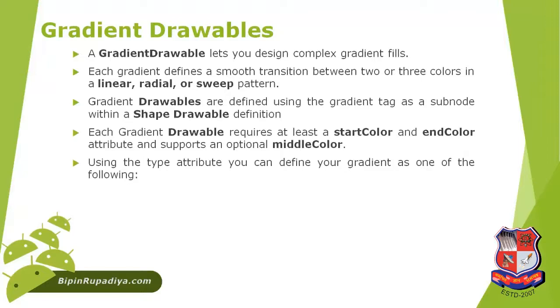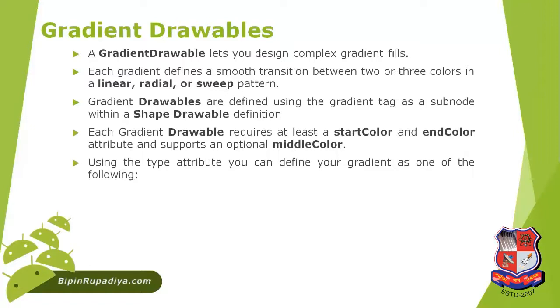Then radial gradient, from the center to the radius, the color is sprayed, it may be 2 or more colors. And sweep gradient fills the colors in a sweeping position, like clock arrows, as the clock turns around. So this pattern, the sweep gradient, fills the color in 2 or 3 combinations.